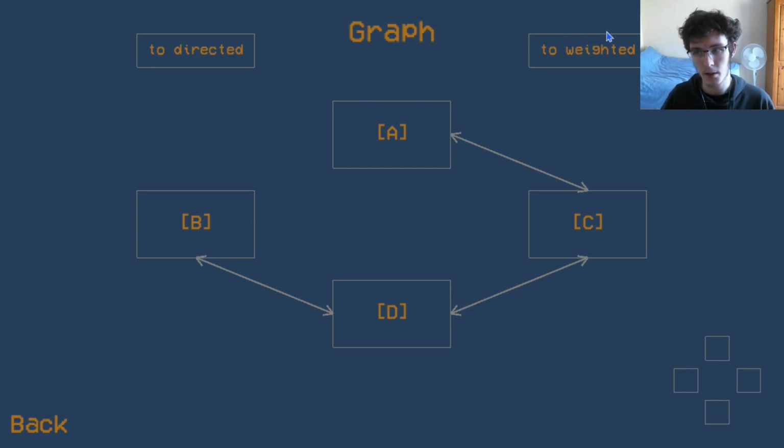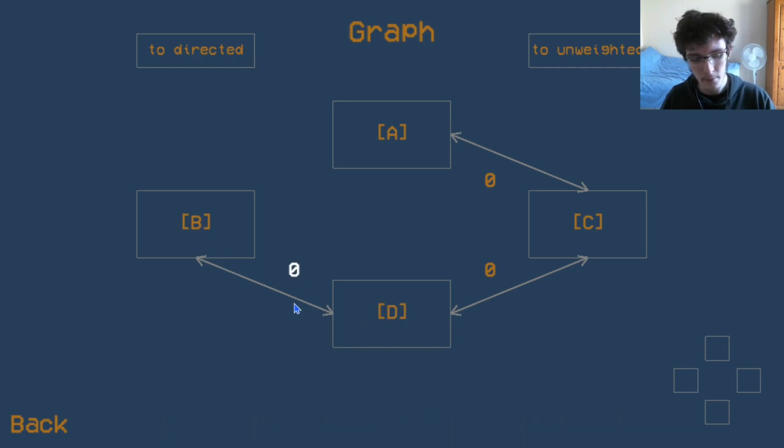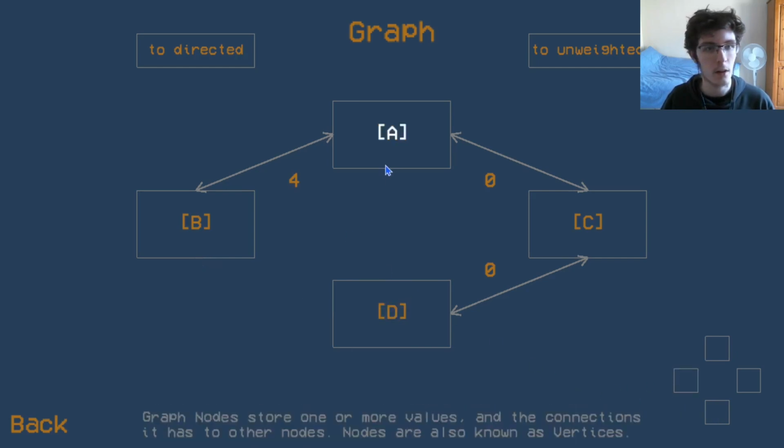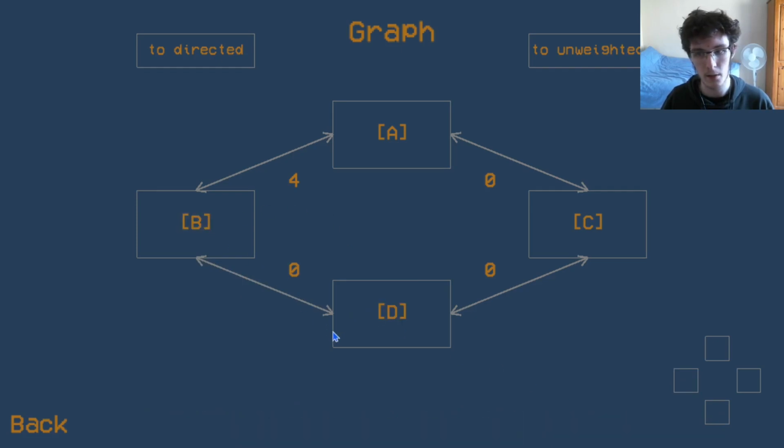And another thing to consider is if this is a weighted graph, maybe the distance between B and D is, say, 5 miles, but the distance between A and B is maybe only 4 miles. So in that case, we would want to build the road from A to B instead of from B to D. But then we don't want this road here as well, because then we've just built an extra road and we don't need to.